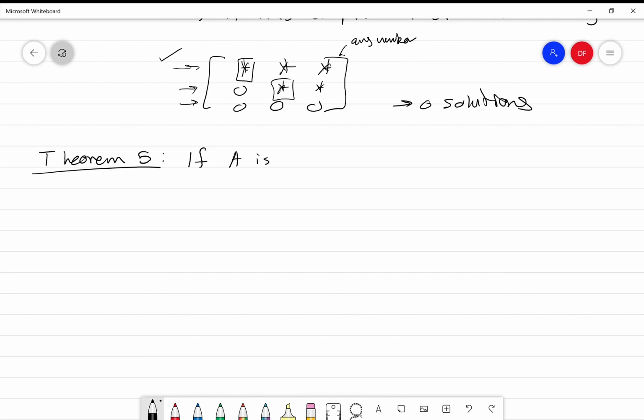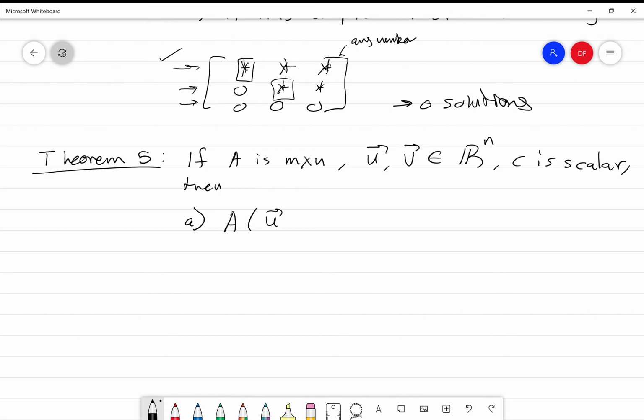If A is m by n and U and V are n-dimensional vectors, and C is a scalar, which means it's a number, then A can be distributed if we multiply it by the sum of two vectors, these two vectors.